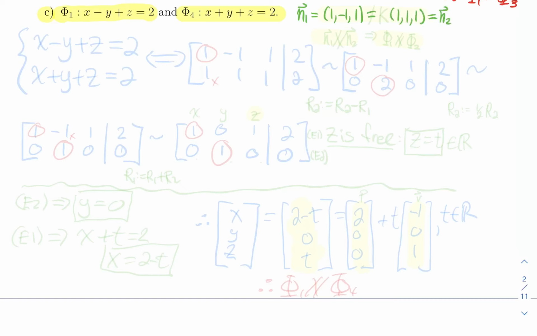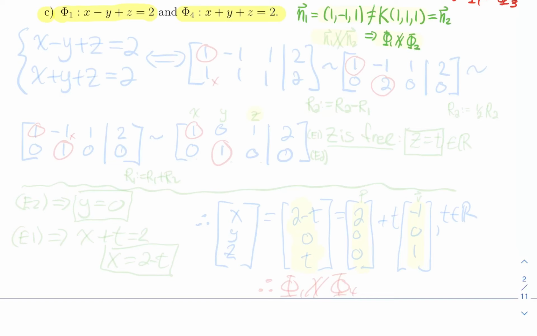Of course, these two vectors are not multiples of each other. So is n1 a multiple of n2? It's not. So we know right away that the two planes are not parallel.